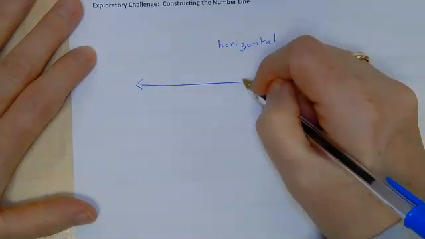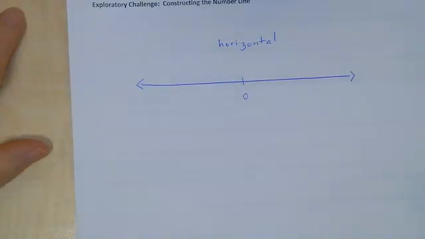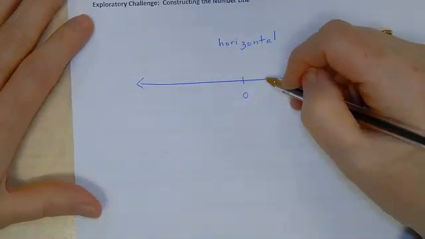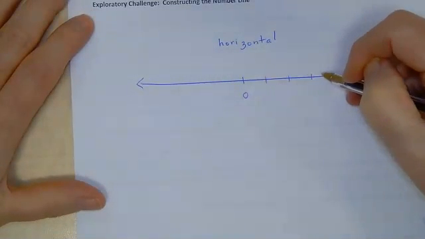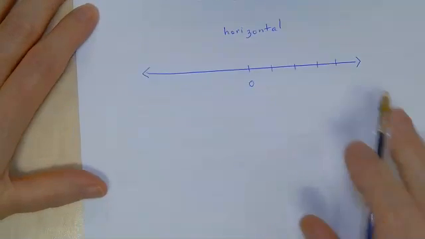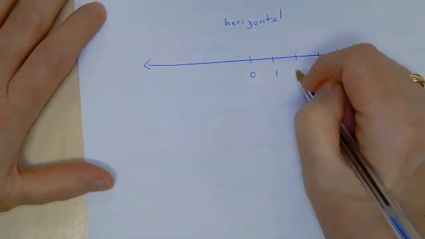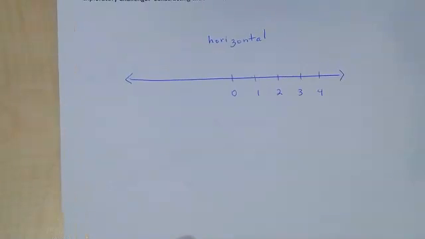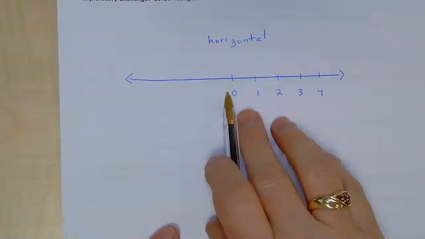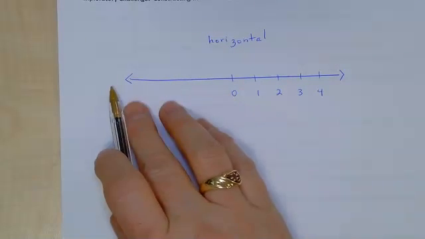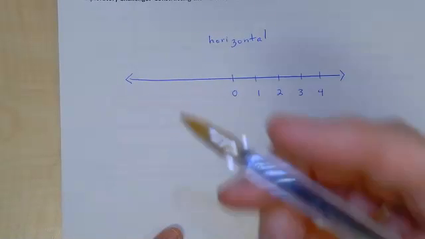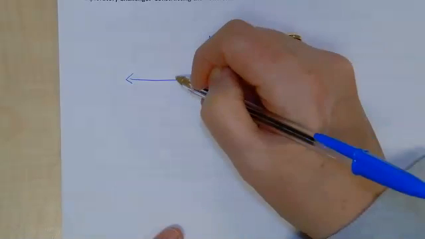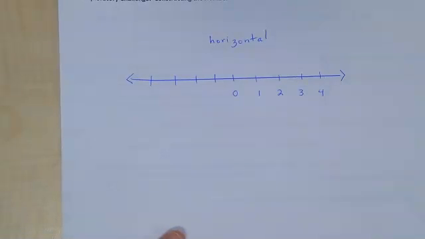Okay, we're going to put 0 in the middle. And then what you're used to seeing is a number line on this side of 0 that looks like this. But what we're going to add as 6th graders is we're going to add numbers that are on the opposite side of 0. And that's what we're going to call negative numbers.